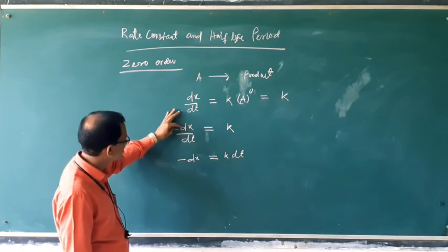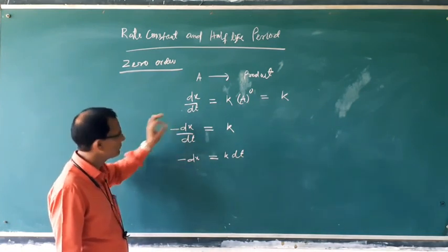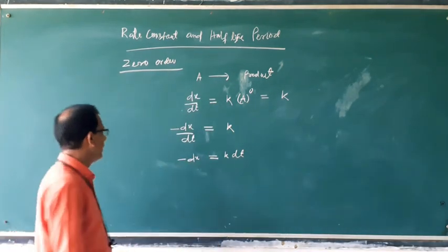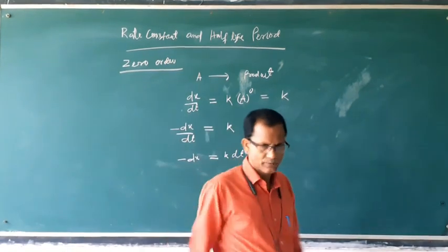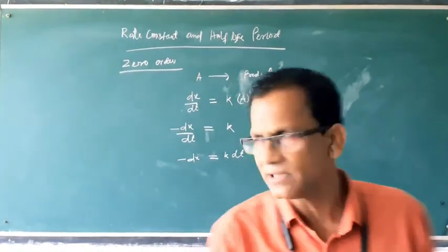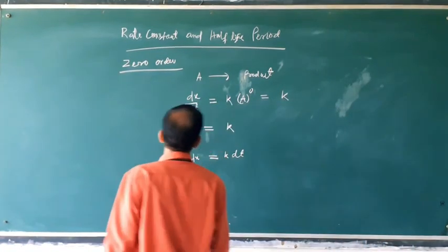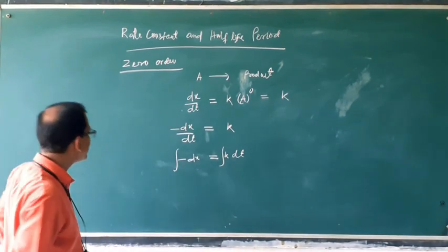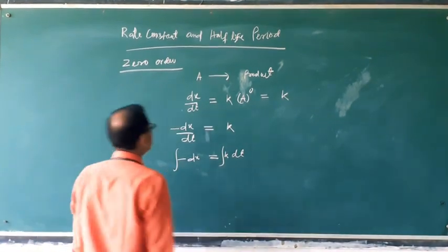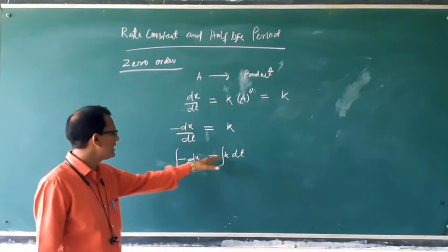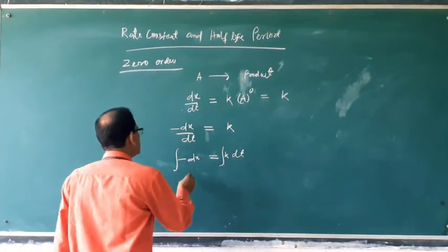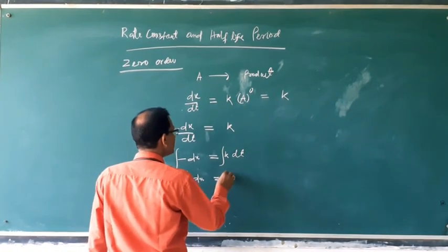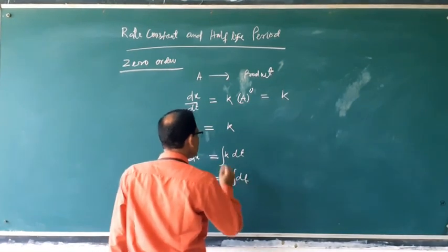But for the whole change, for the whole reaction, we have to take integration of both sides. Minus dx changes to k dt, so integral of minus dx is equal to k, a constant, times integral of dt.